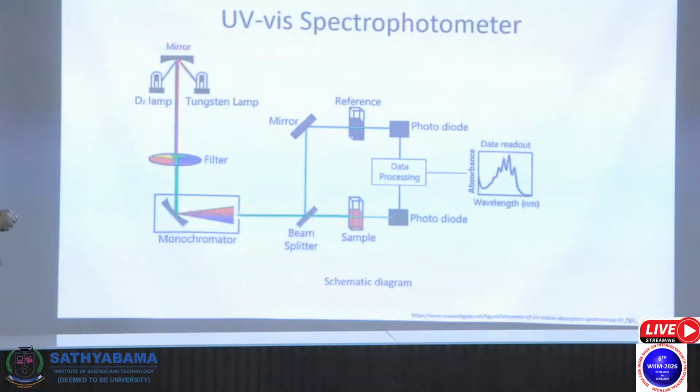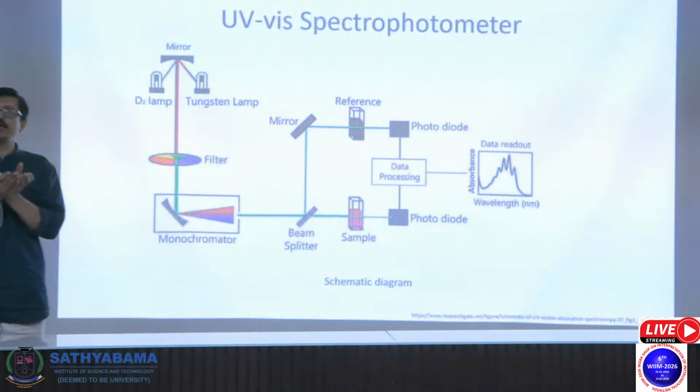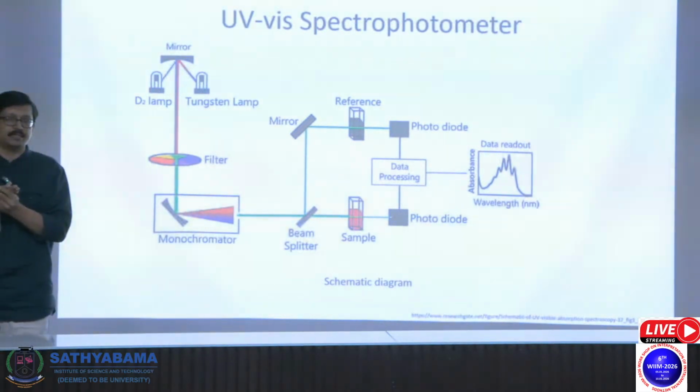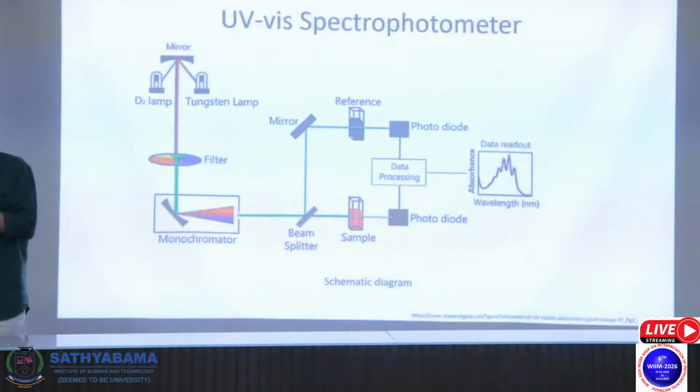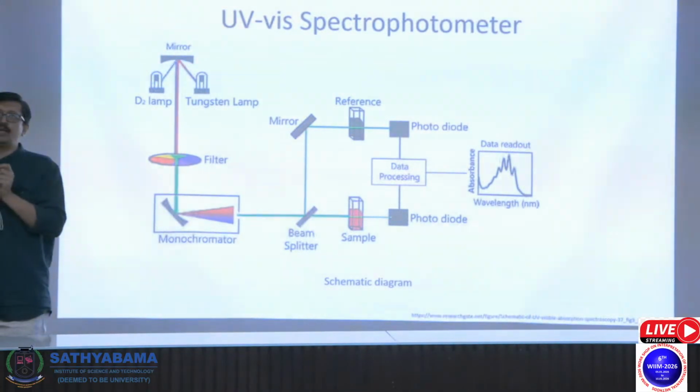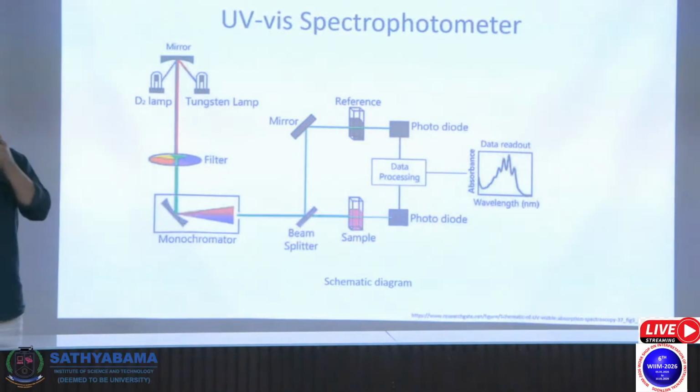So they use two different types of lamps. One is a deuterium lamp, another one is a tungsten lamp. In the deuterium lamp, there is a holder where you have deuterium, which is an isotope of hydrogen. Deuterium gas will be there, and there is an arc. The arc will basically excite this deuterium from the ground state to the excited state.